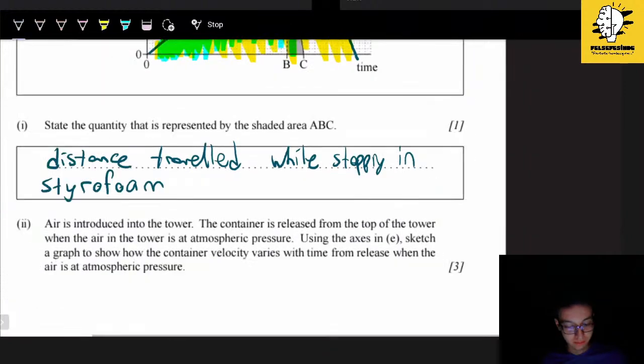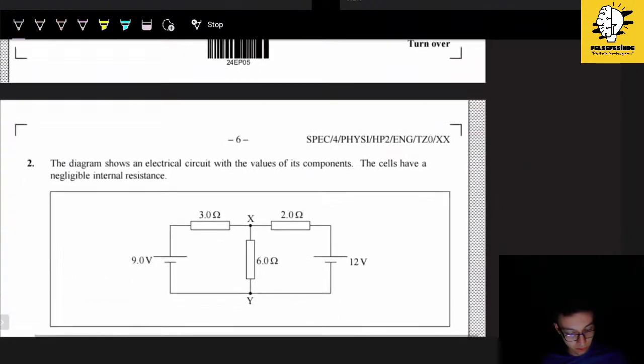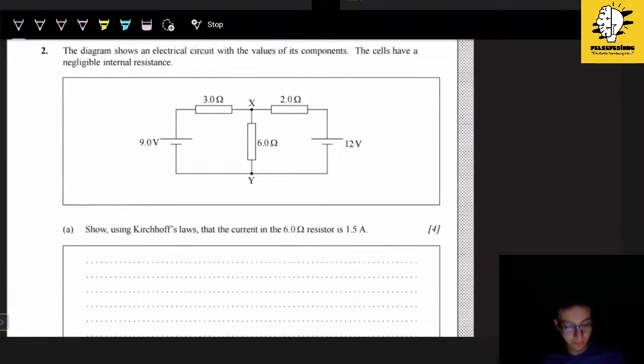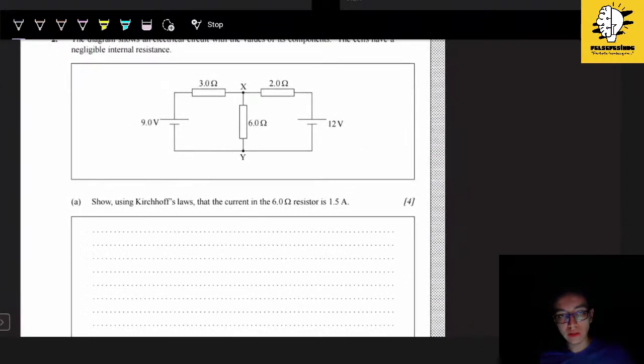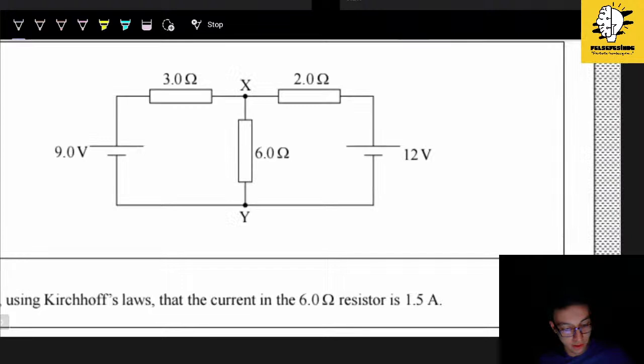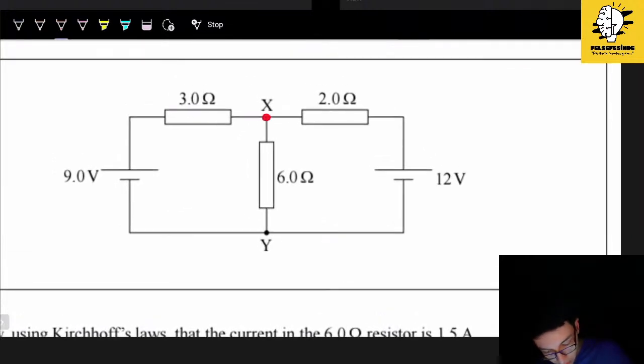So next question. Again, we have Kirchhoff. Do you want me to solve this? Yes. Okay. So the first thing that we are doing is we are going to use first law of Kirchhoff, and it says check the joints. Okay, this is a joint and this is also a joint. Now, as you may remember from our previous classes, we will assign some directions.